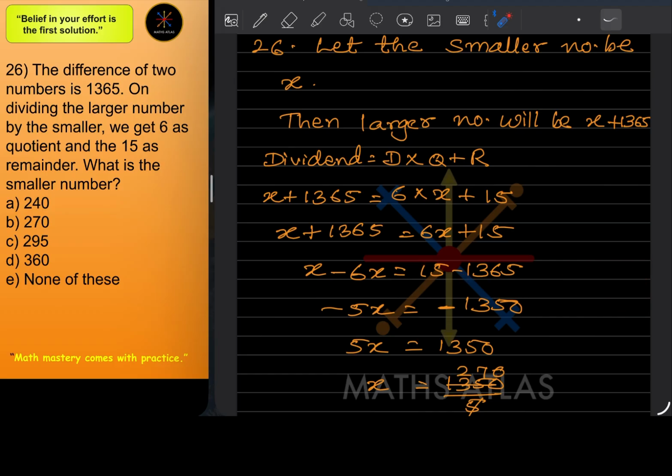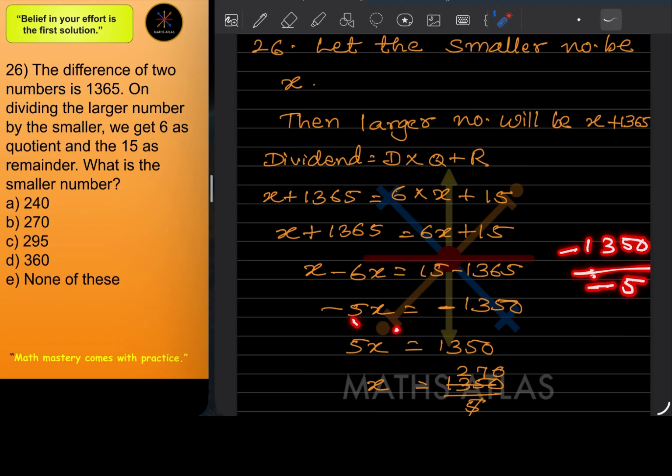Now there is an equal to sign here and on both sides there is a negative sign, that becomes positive. So 5x will be 1350, or I'll show you one more method for this. That will be minus 1350. This goes on the other side, so that is going to be divided by minus 5.